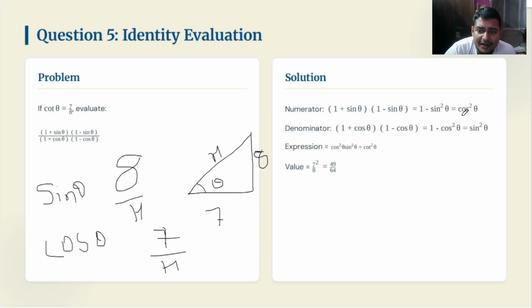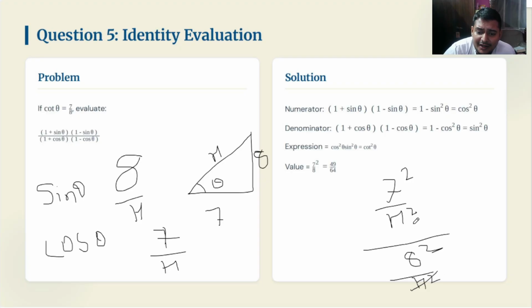In the numerator it is cos square theta, and in the denominator it is sin square theta. So numerator is cos square theta, 7 square by h square, and the denominator it is sin square theta, so 8 square divided by h square.